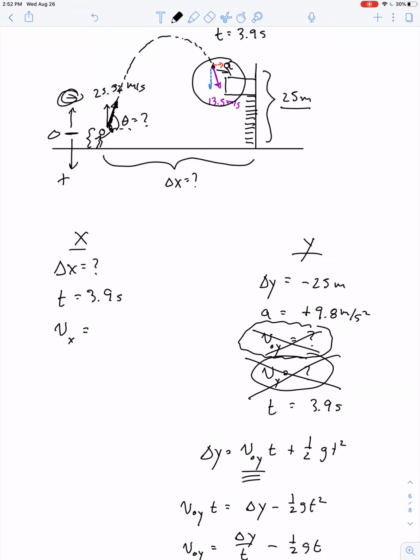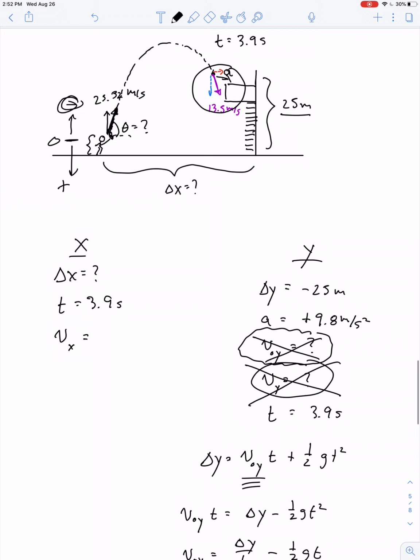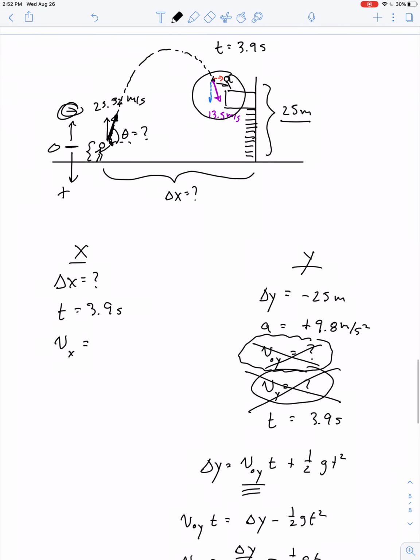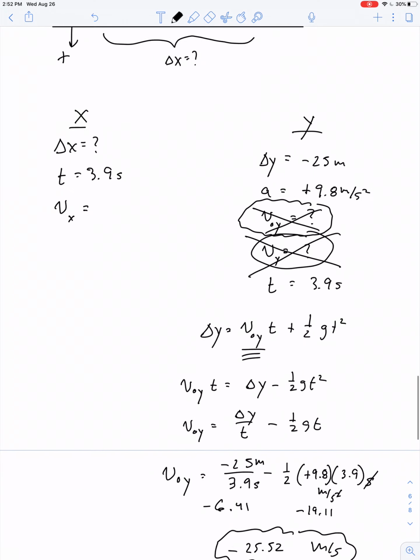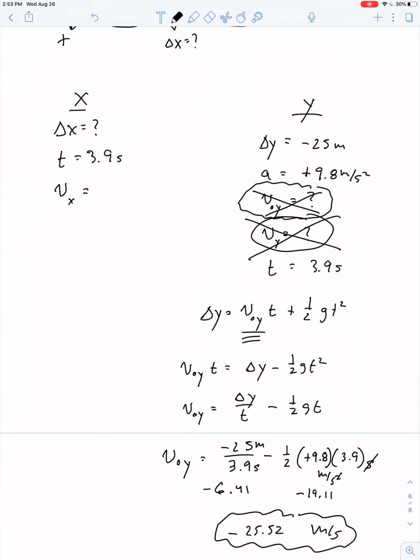Okay, so if we have the initial vertical velocity, now we figured that out. This is no longer a mystery. This is negative 25.52 meters per second.